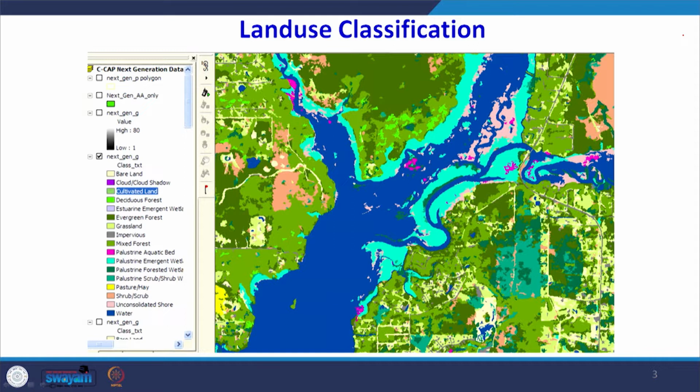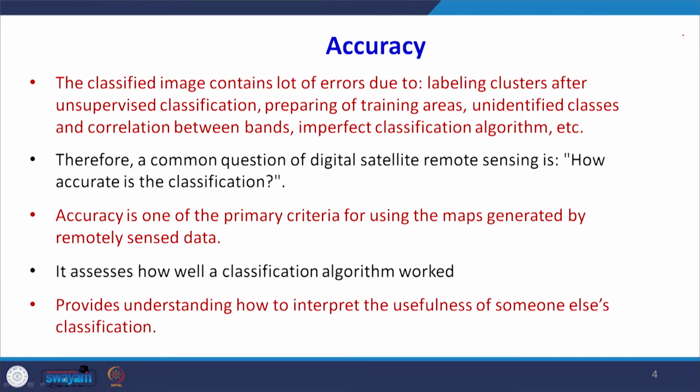For the classified image, in fact, we should determine the accuracy of our visual interpretation also. When we prepare a map by the visual interpretation technique, the accuracy assessment is important in that case also. So, this classified image may contain some error.